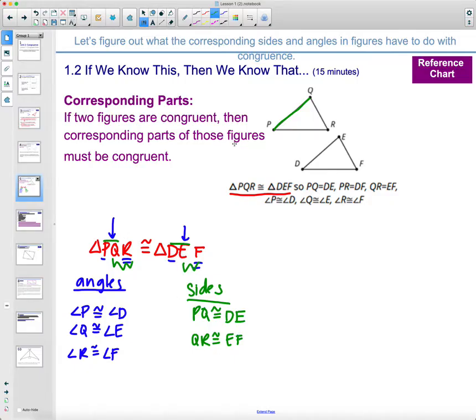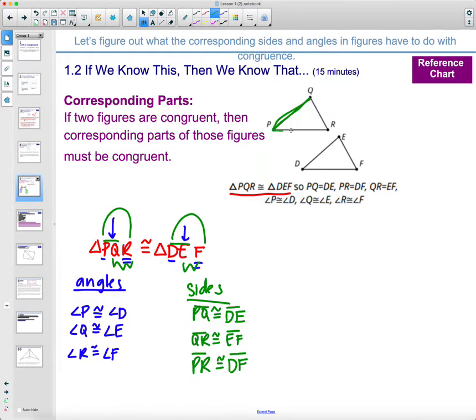And then the final side, PR, first and last letter, first and last letter, is congruent to DF. So this statement will get you the angles and the sides that are corresponding. They're corresponding in the same spot on the congruence statement and the same spot on the shape.